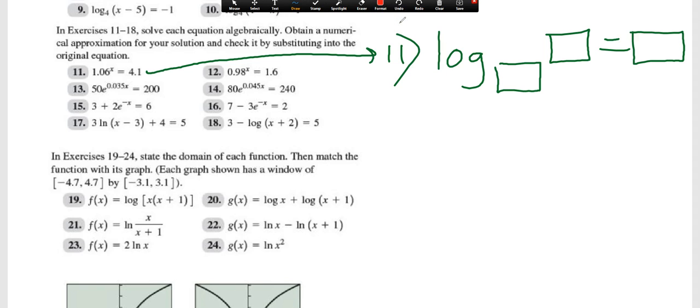What's the base? 1.06. I didn't say it was a nice base. Now, if you're confused about what goes next, I suggest maybe you find where the exponent should go.